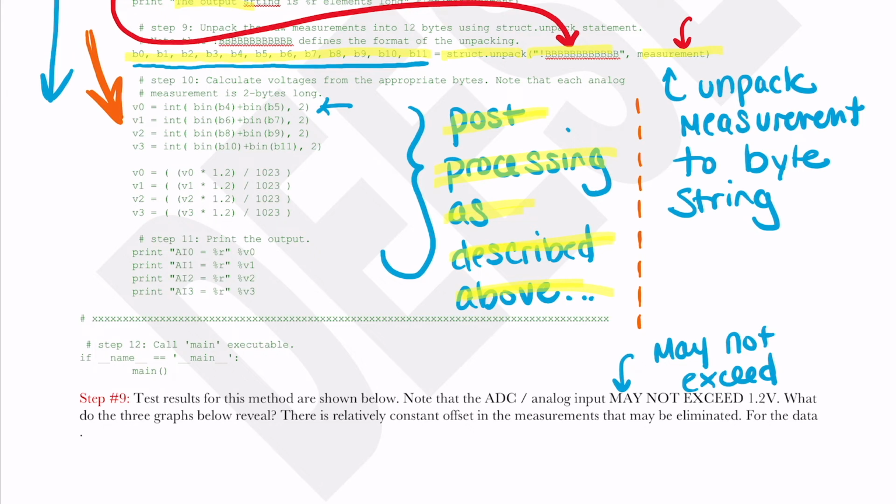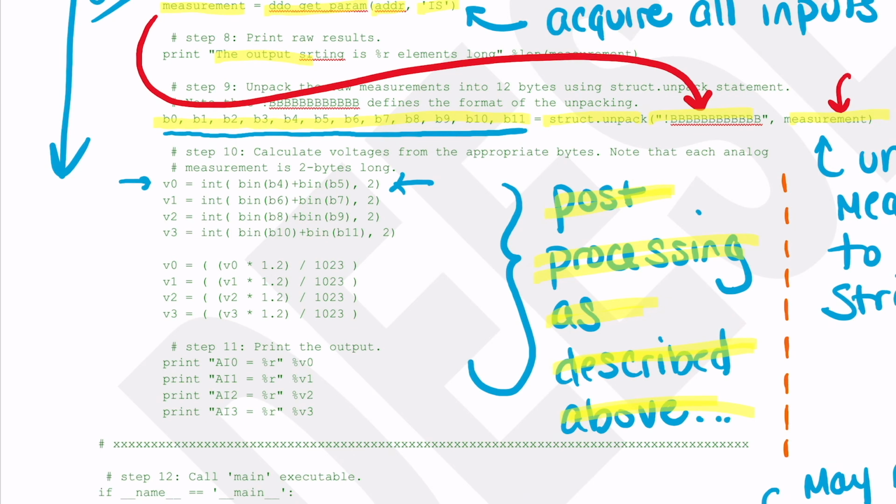Now you can see in order to acquire our first measurement, which we're calling V0, we are going to concatenate 2 bytes together, which will create a 2-byte array, and then use a Python function, the int conversion, reminding it that it's a 2-byte array. And that will automatically take our 2-byte array and convert it into an integer, which you will see right here.